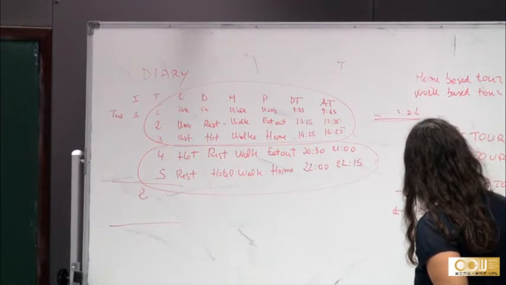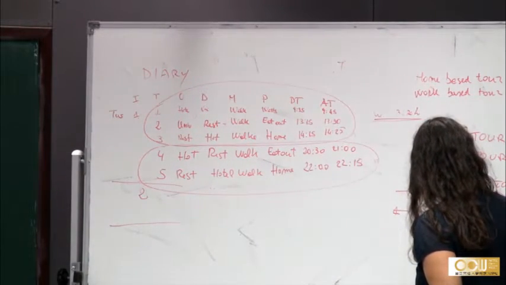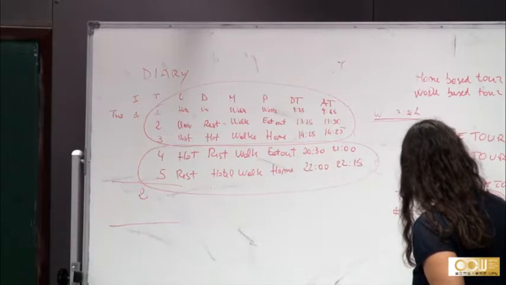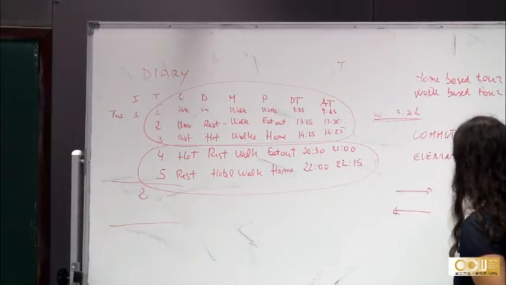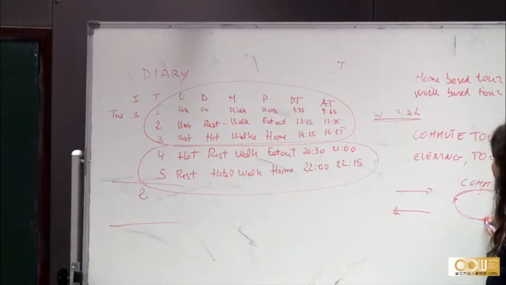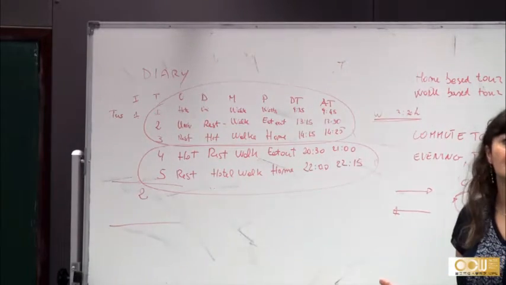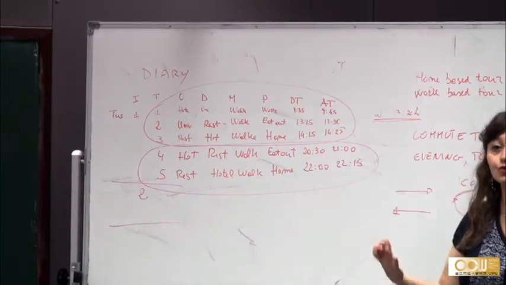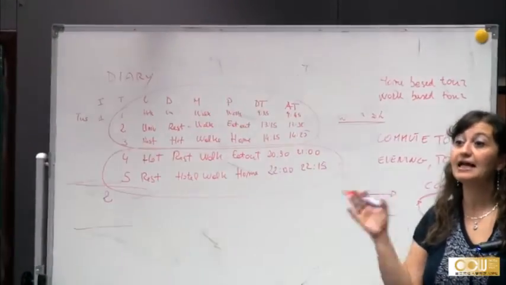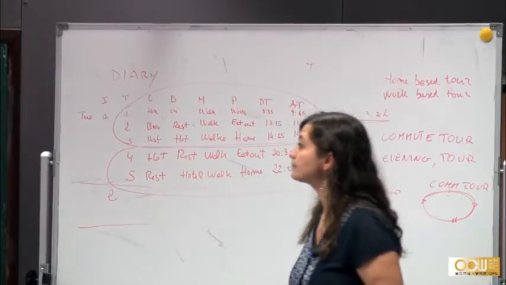So I have the two legs, 1, 2, and 3. So these are two legs, but I'm making an additional stop to eat somewhere. So this is a commute tour with two activities, one principal activity and one secondary activity.